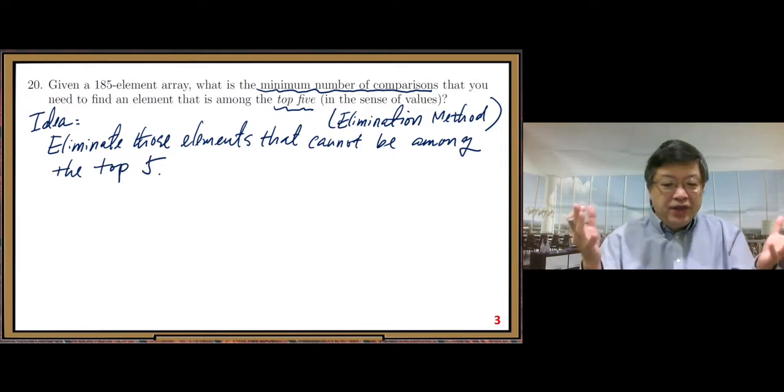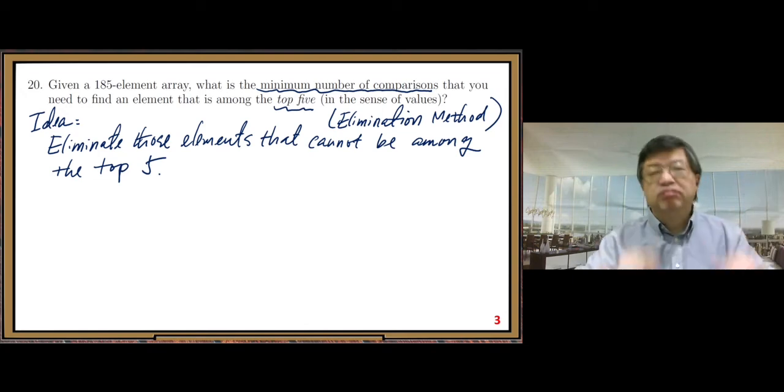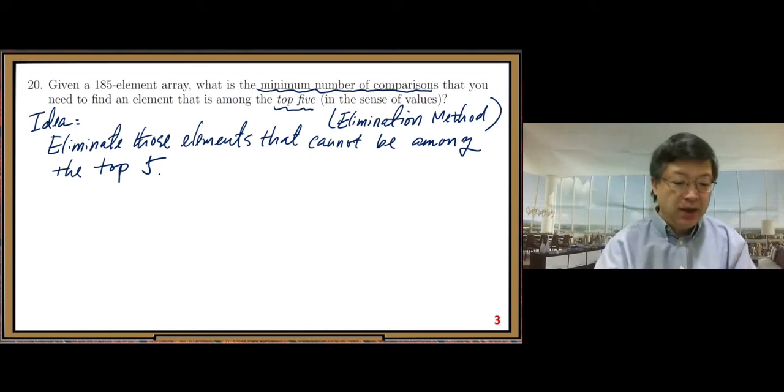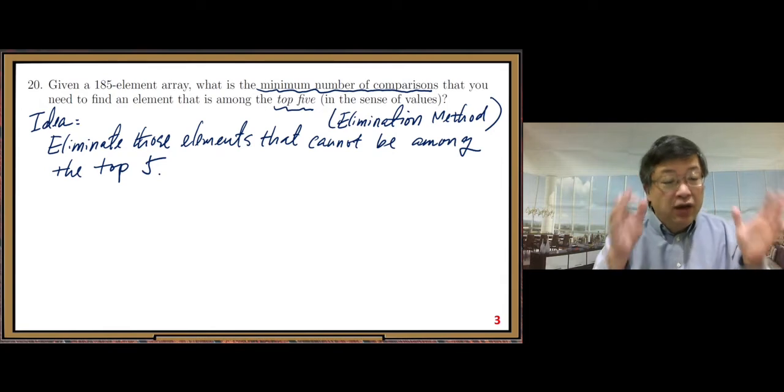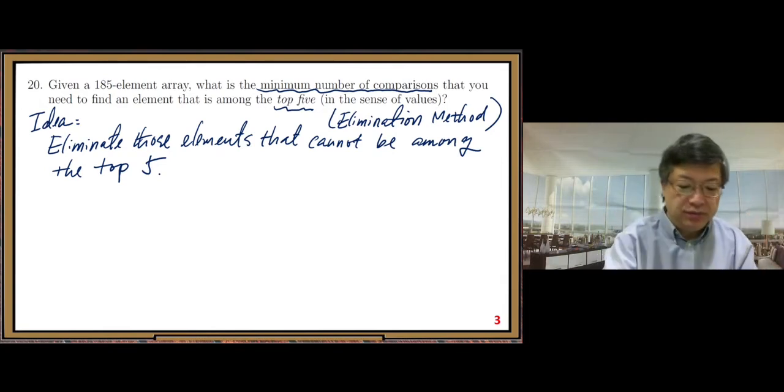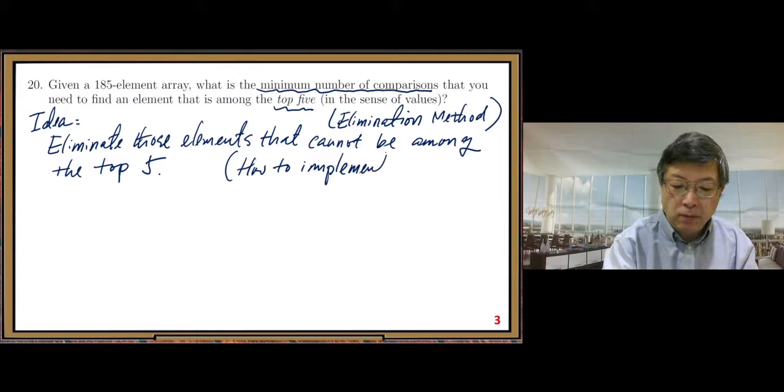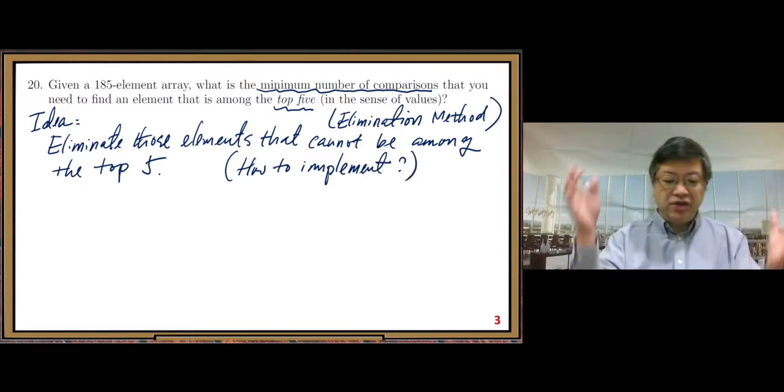Although we understand this strategy easily, the question is how to implement it. How to implement the strategy? That's the question.